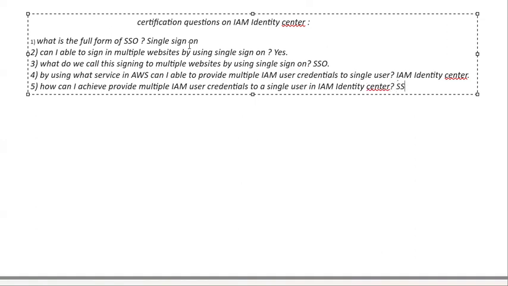By using SSO, by using single sign-on, we can achieve this.